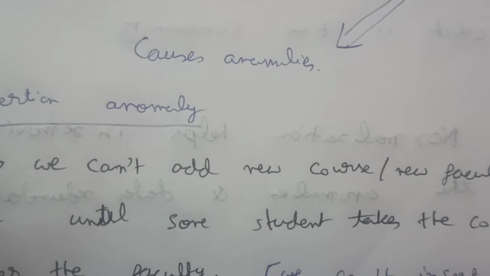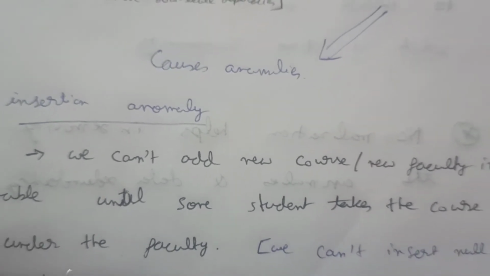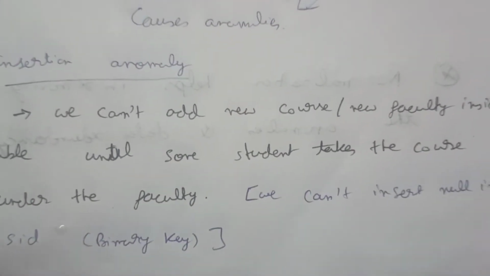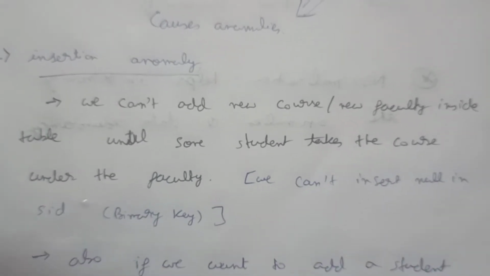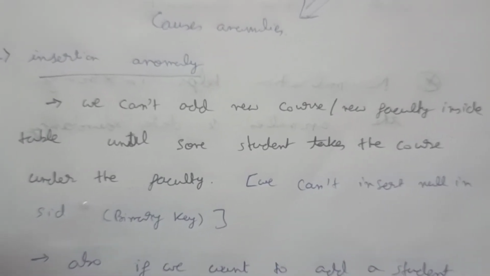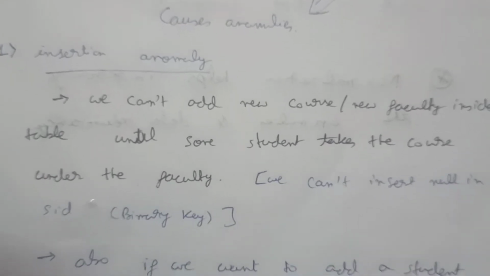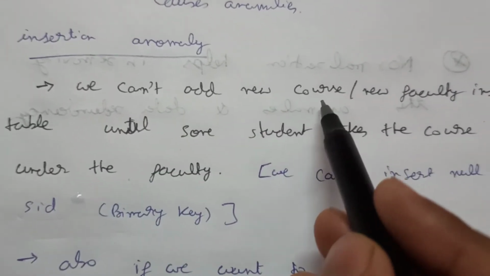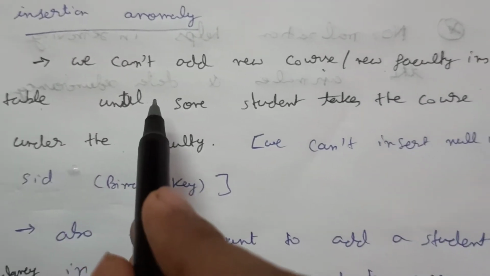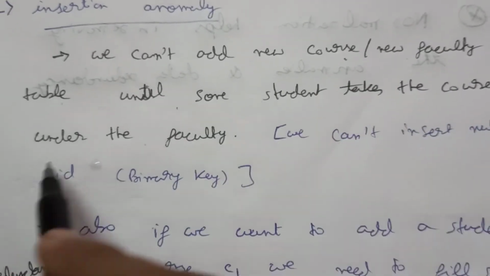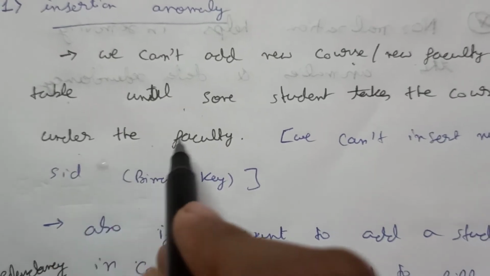This causes anomalies in our database. So what type of anomalies? There are three anomalies: insertion anomaly, deletion anomaly and updation anomaly. We are going to learn all of them one by one. We cannot add a new course or a new faculty inside the table until some students take the course or study under the faculty.